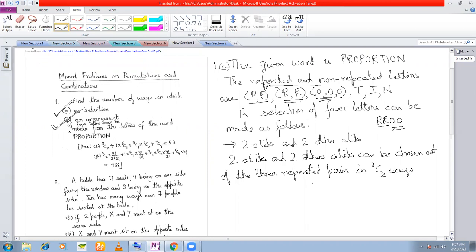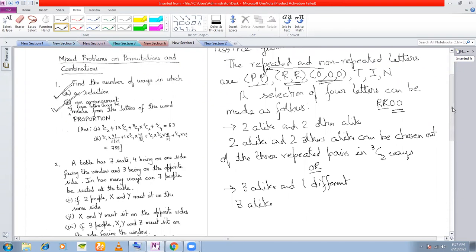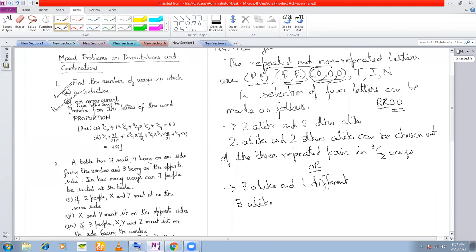Or what can also be done? You can select 3 alike and 1 different. What is the only letter which repeats 3 times? Only this one, right?